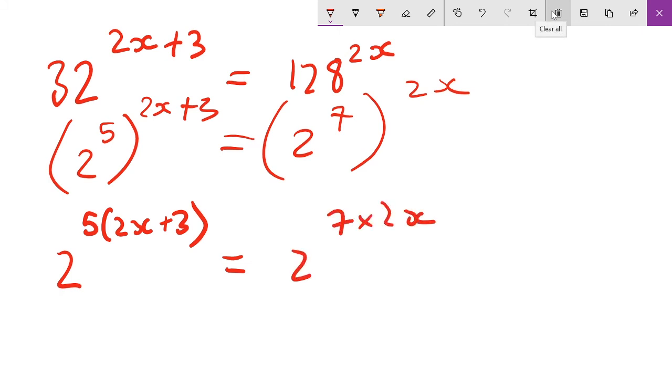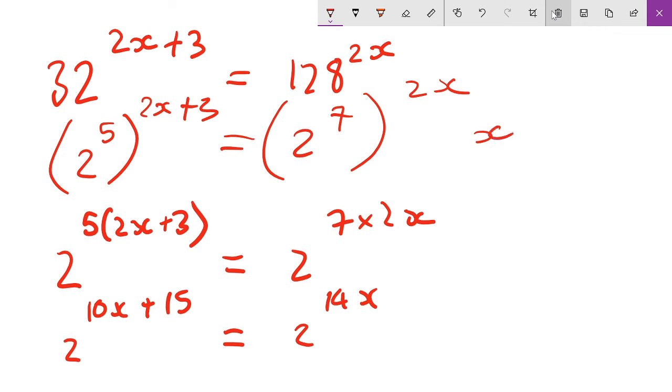Now, 5 times 2x is just going to be 10x plus 15. And 7 times 2x is just going to be 14x. Remember the rule. If x to the n equals x to the m, then n equals m, right? Remember this rule right here. We can use that rule for this equation right here.